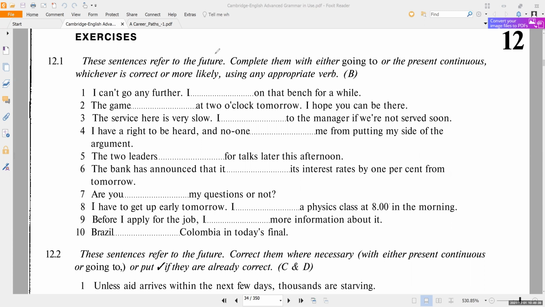هنشوف number 1. I can't go any further. هنا شخص متعب أو تعب من المشي. I can't go any further.